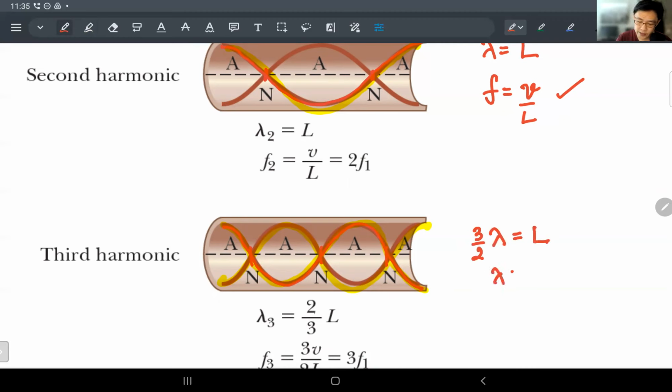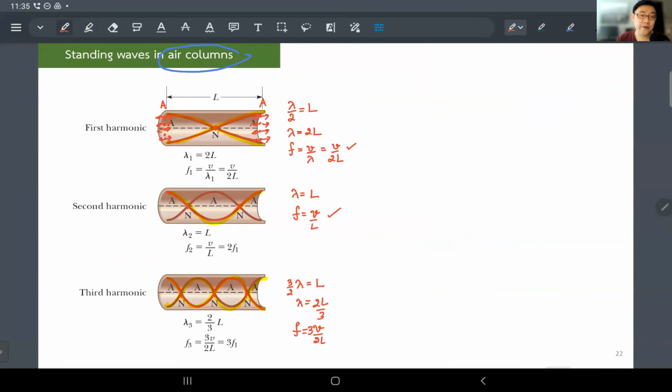So lambda is just 2L over 3. And the frequency is going to be v over 2L over 3. I can flip the 3 to the top, and so on. So this is it, see? The end result is simple. However, from experience I had in the past, many of you don't understand where this loop-like figure came from.